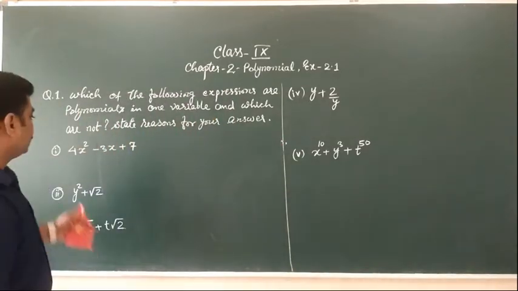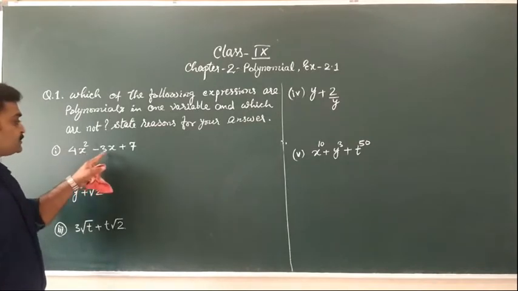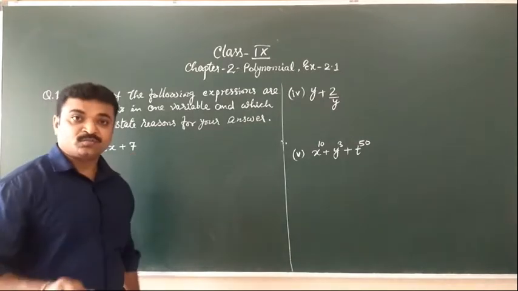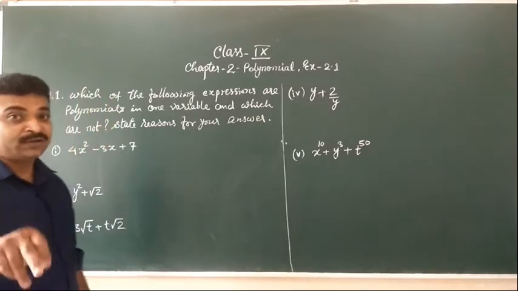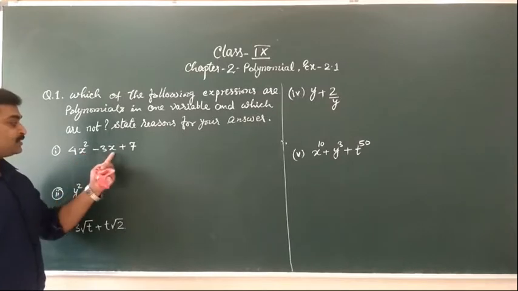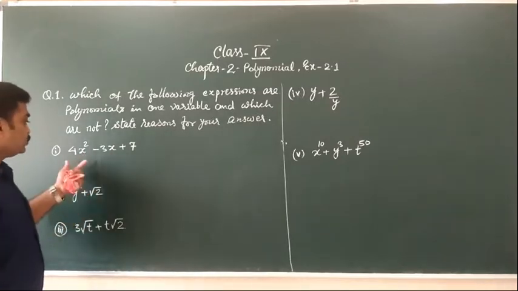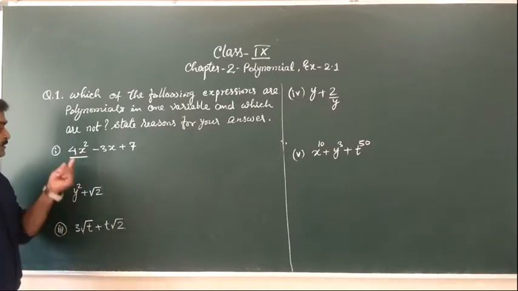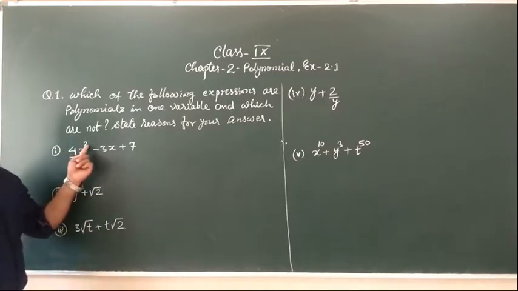First question is 4x square minus 3x plus 7. Whether this is a polynomial or not. Polynomial in one variable. See here, only one variable is there, x. Okay. So here 4x square, this term is constant into variable to the power whole number.